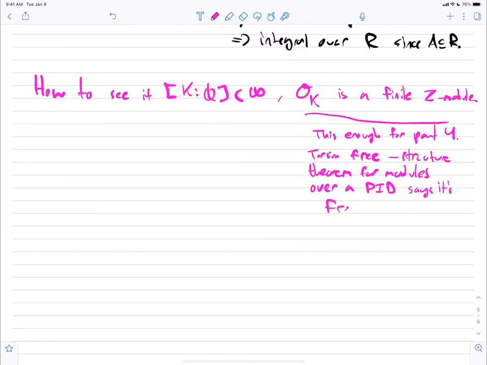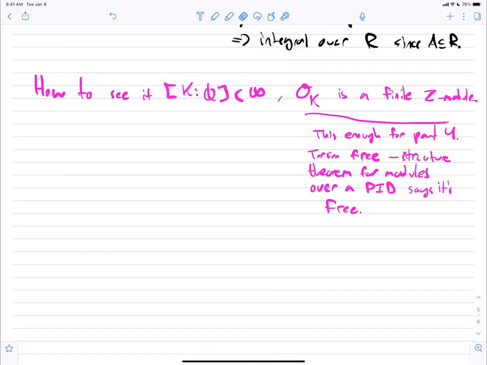I said structure theorem for modules over a PID, but of course, there's a structure theorem for finitely generated modules. So that says it's free, and then if you combine that with part 1, it's not too hard to see that its rank has to be the same as the degree of K over Q. So that's all we have to see.